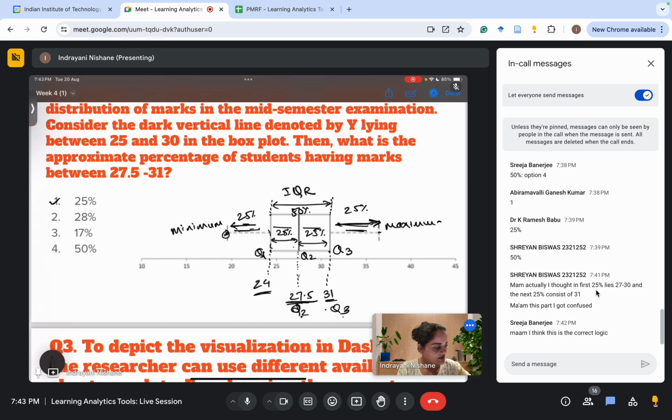So this is 24 and this is 31, and they are asking the question: what is the range between 27.5 and 31? Now I am getting confused. Why are you getting confused? In the question it is clearly mentioned, not between 24. If they would have asked between 24 to 31, then 50% would have been correct.